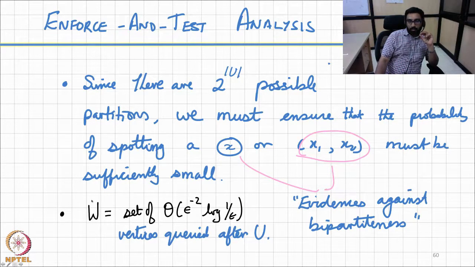That's the set W, which is the next set of theta of epsilon to the minus 2 log 1 over epsilon vertices queried after the U, and we treat them as pairs because we want to get either an X or an x1, x2. So each pair could either include an X as evidence against the bipartiteness, or include a pair x1, x2, which will again be evidence against the bipartiteness.